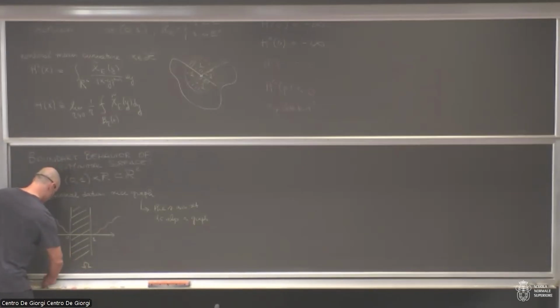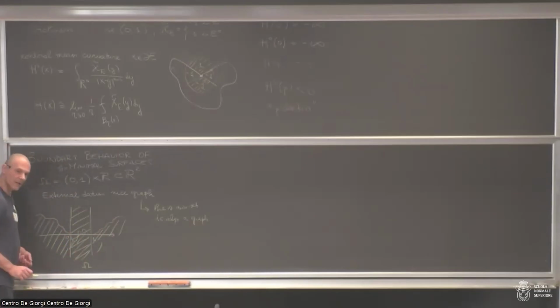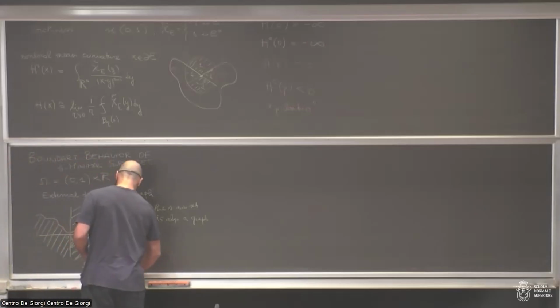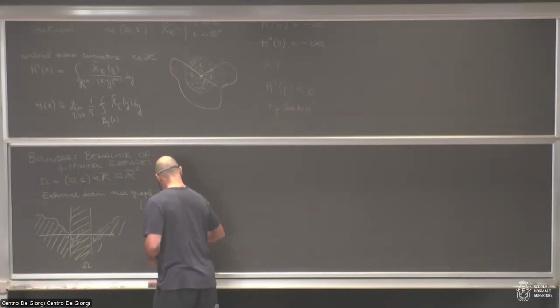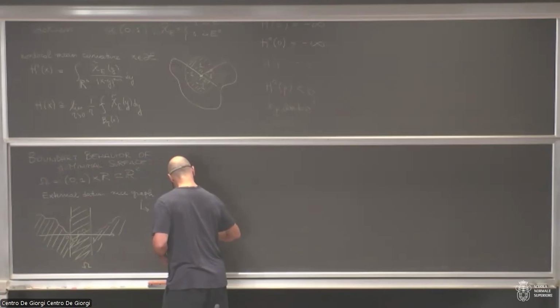So a situation like this, this is the external set. And here inside, I expect to have some graph. And the natural question is, how does this look like?